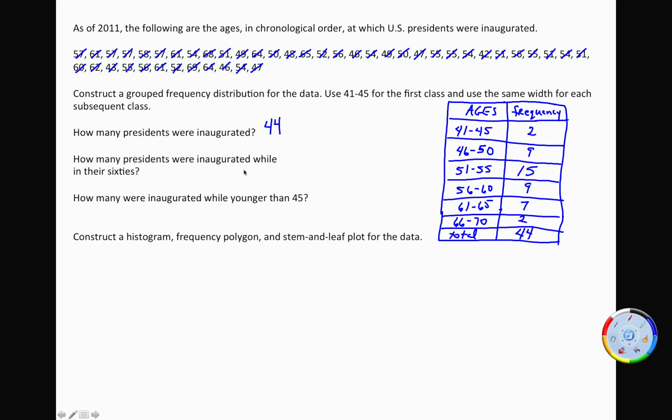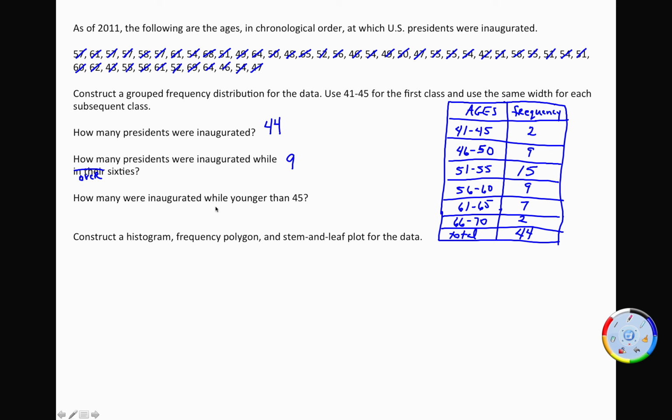Instead of in their 60s, it should say were inaugurated while over 60, right? Because I'd have to go back and see how many are 60s. So bad question there that I came up with. Sorry about that. Okay, so we're going to say 9.